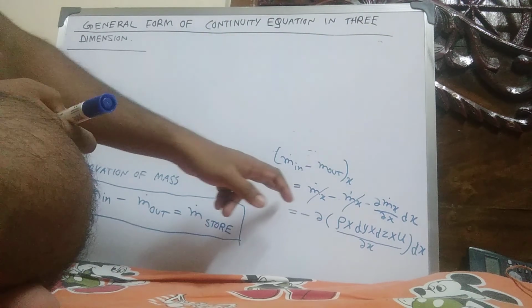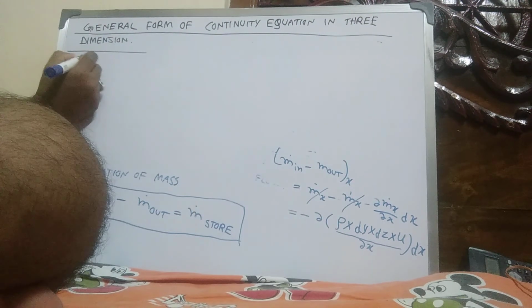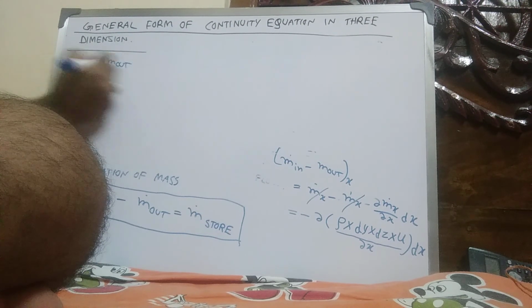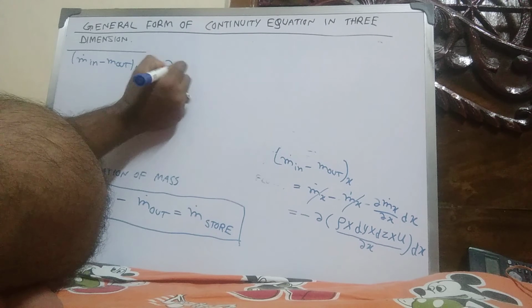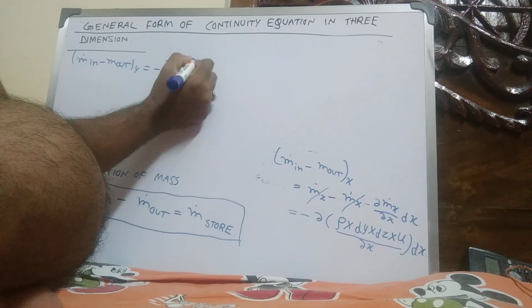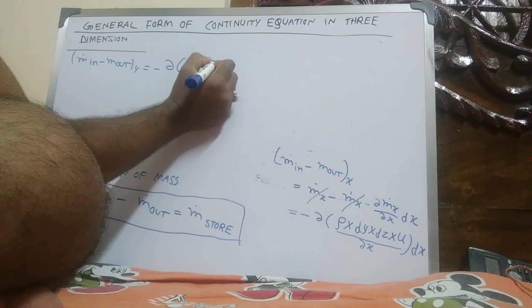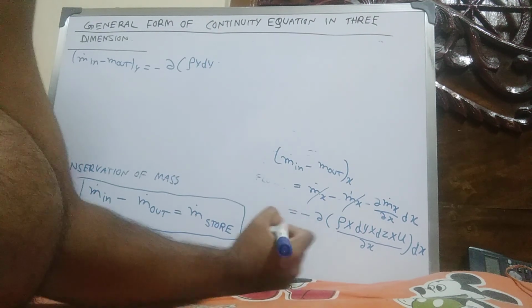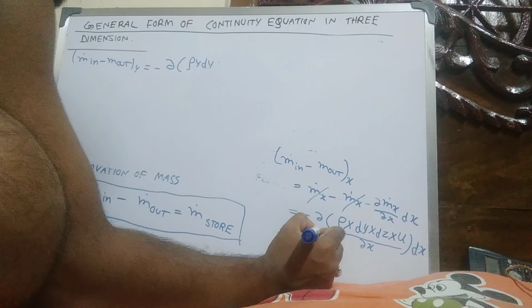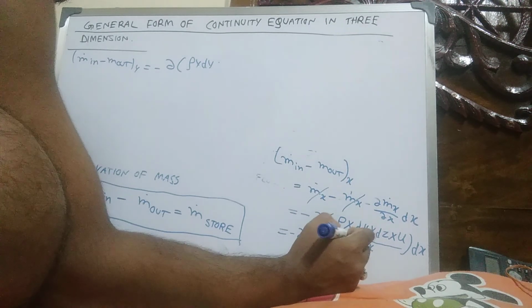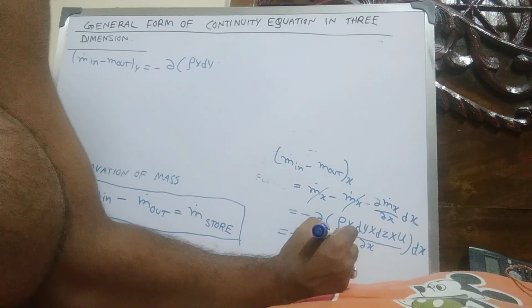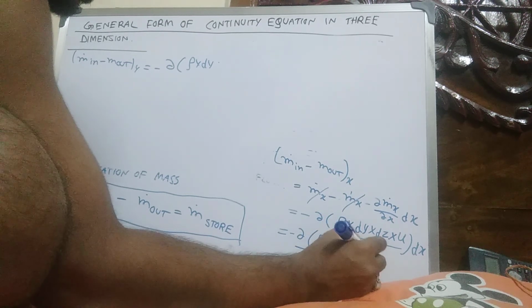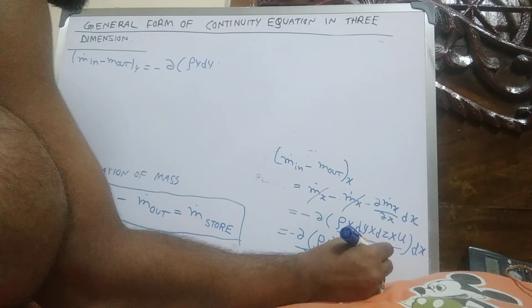Now this one is the x direction. Similarly, m in minus m out in y direction equals minus d by dy of rho v into dx dy dz.